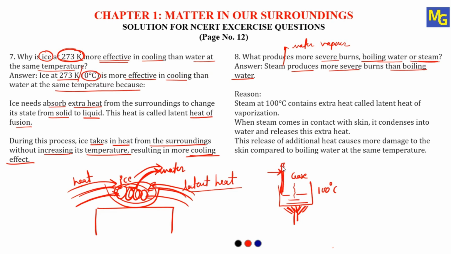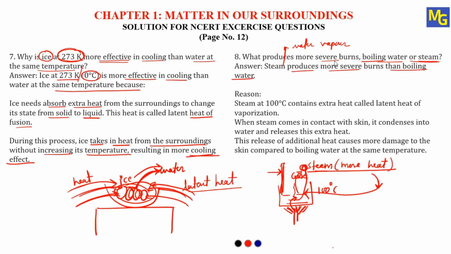Then where is the heat going? The heat is taken by this water and converted into steam. So these steam particles, water vapor particles, have more heat, because all the heat we are supplying is used by this water to convert into steam. So steam has more heat compared to the water present in the beaker. And that's why this steam will cause severe burns.